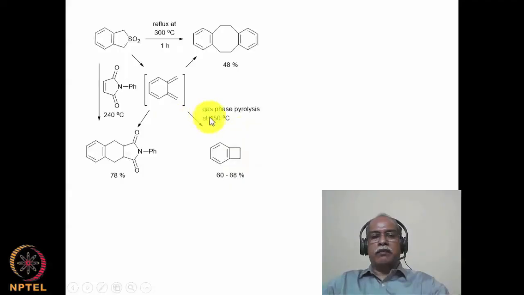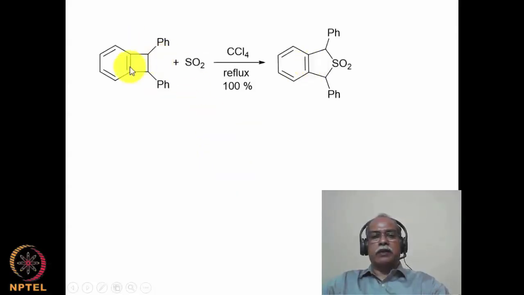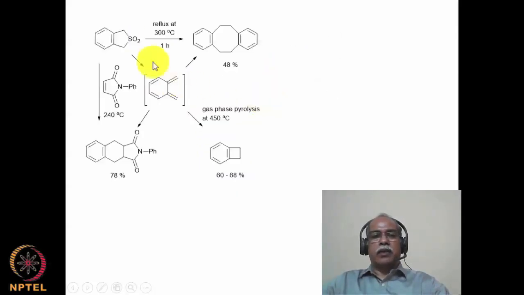So this is probably a flash vacuum pyrolysis kind of experiment where the benzocyclobutene is trapped in a liquid nitrogen trap under the gas phase, resulting in about 68% of the product. This is a forward reaction, whereas this is a reverse reaction. From the benzocyclobutene you go to the sulfolene in this case, whereas from the sulfolene you go to the benzocyclobutene in this particular case.